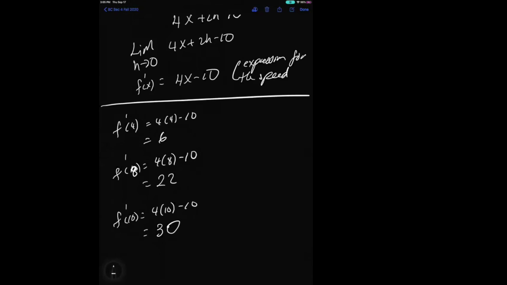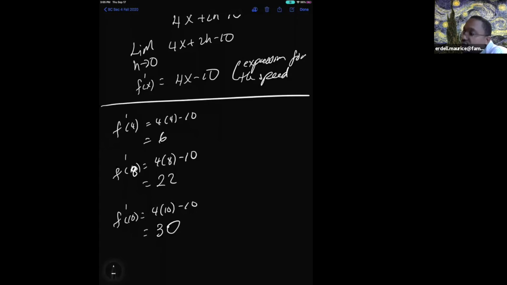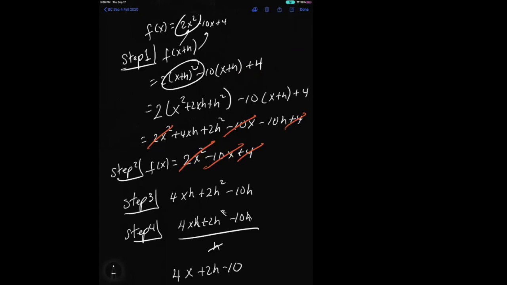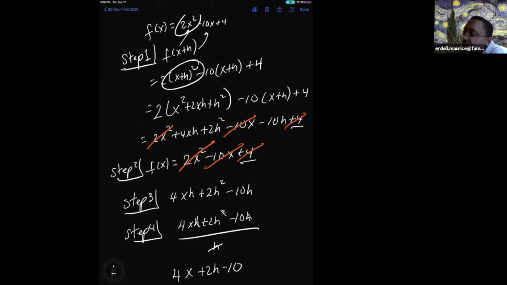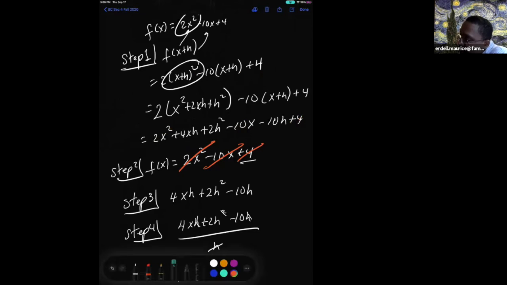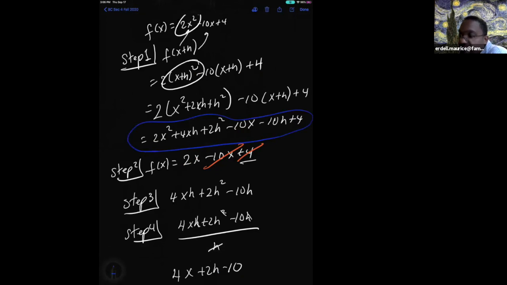Before you move on, I'm trying to figure out why you canceled out the 4. This 4 right here and this 4 right here. Show me again. So what happens is this, let me erase. This right here that I am now circling, that is the end of step 1.